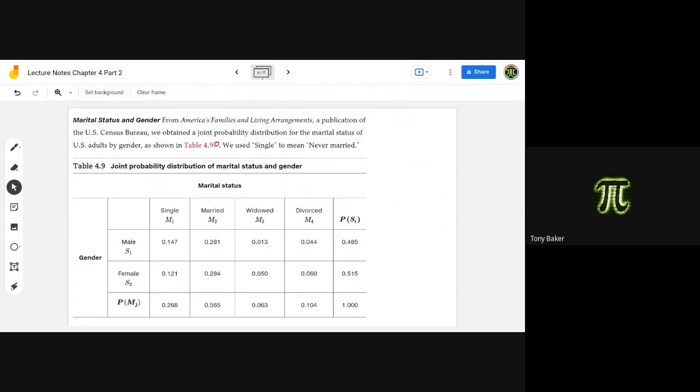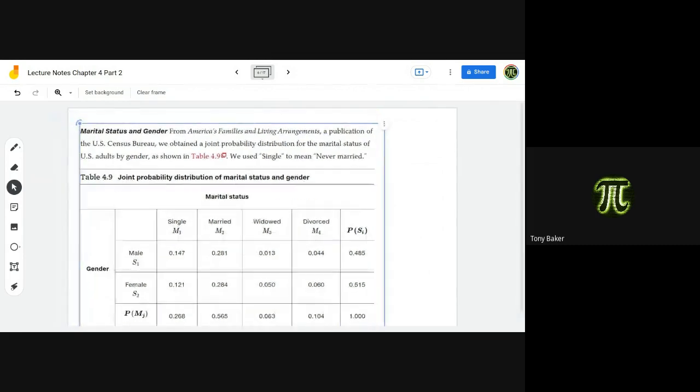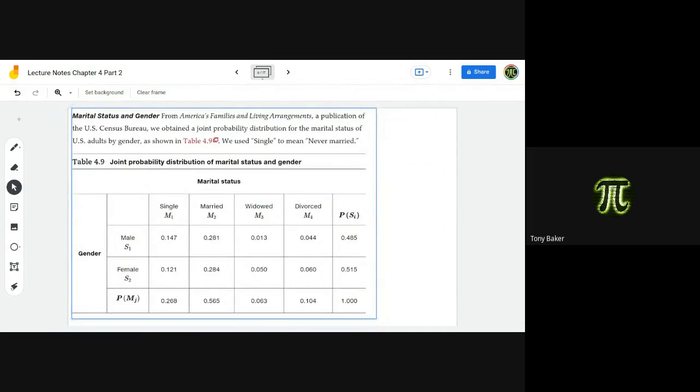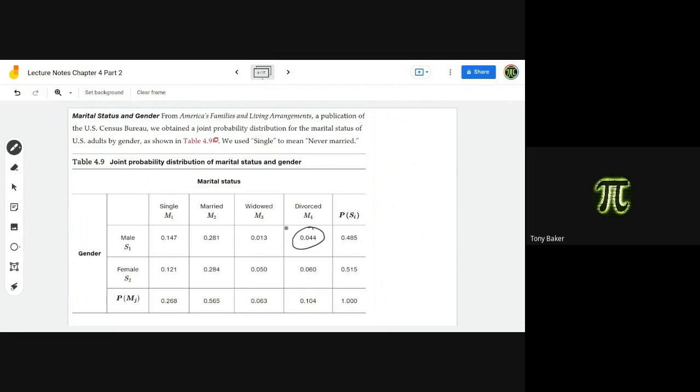So it's divorced male, right? So that's that one. And we were given that the adult is divorced, so we're dividing it by the 0.104.